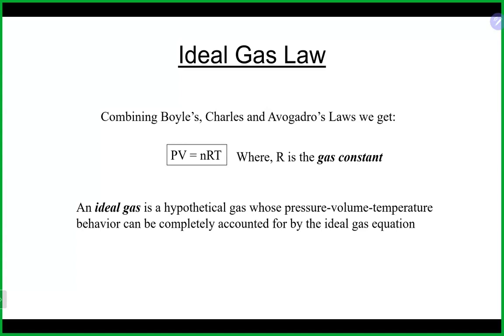Even though they're flying around with other gas molecules, we assume that there are no attractive forces between the gas molecules. There are no repulsive forces between the gas molecules. And that's the ideal behavior. So that's two things that make something an ideal gas. And that's how a gas behaves under normal conditions of normal room temperature and pressures that we deal with.